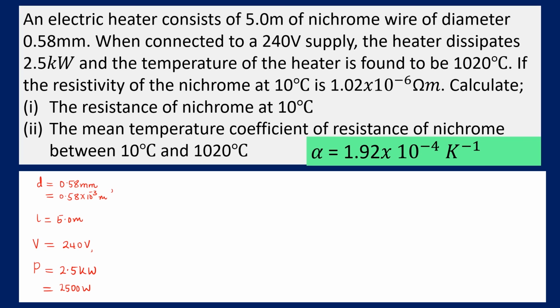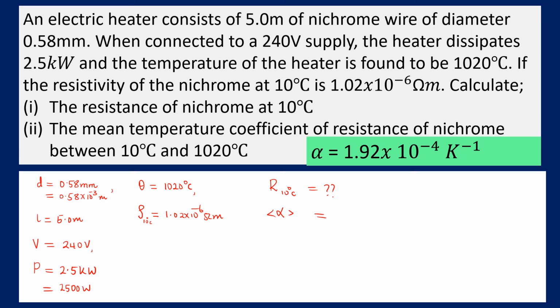If the resistivity of nichrome wire at 10 degrees Celsius is 1.0 times 10 to the negative 6 ohm meter, calculate the resistance of the wire at 10 degrees Celsius and then the mean temperature coefficient of the wire between 10 degrees Celsius and 1020 degrees Celsius.